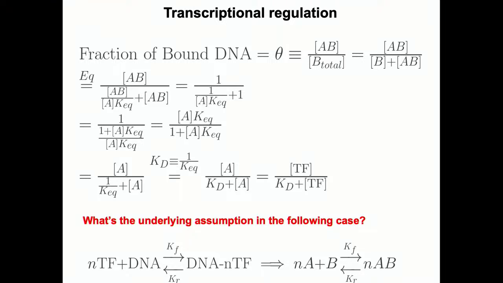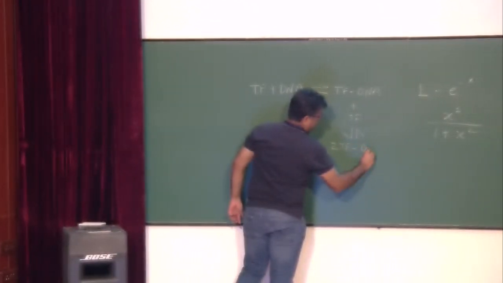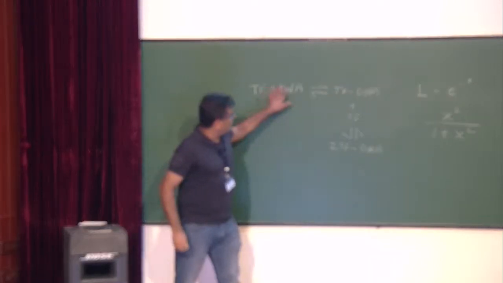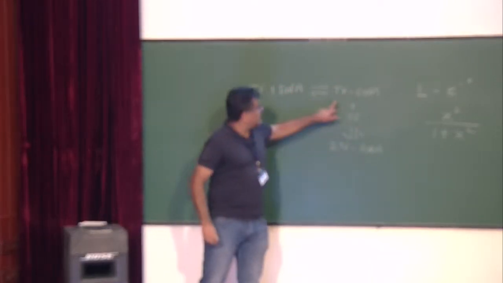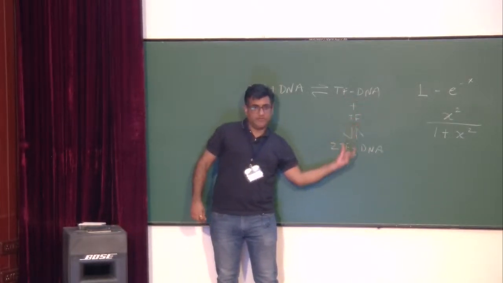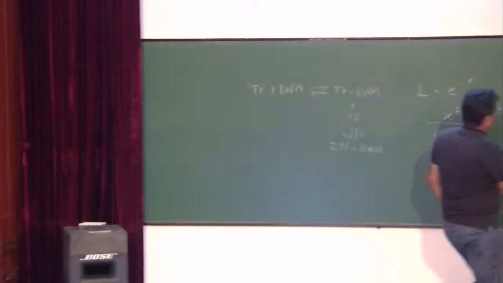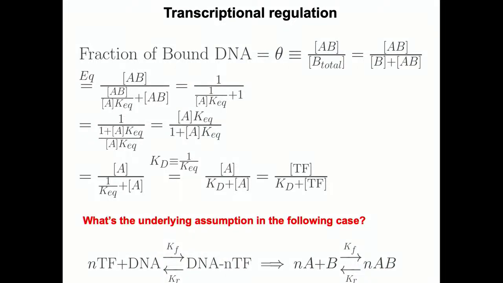So now, instead of one transcription factor molecule, if you have multiple of those molecules, you get the first reaction, TF plus DNA binds to give TF-DNA, and then this one will bind to yet another molecule of TF and give rise to 2TF-DNA, 3TF-DNA, etc. Now, if all these reactions are fast enough, what you're saying is that as soon as this gets formed, there's a high tendency to bind to another transcription factor to form this complex.